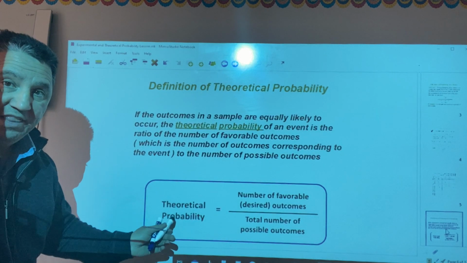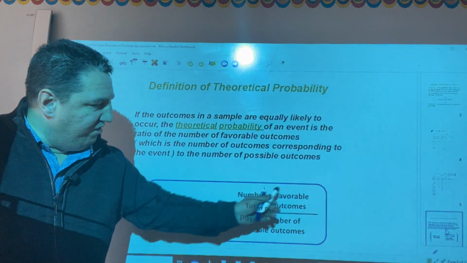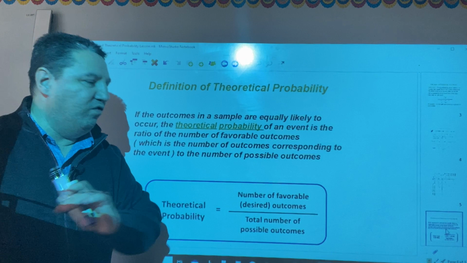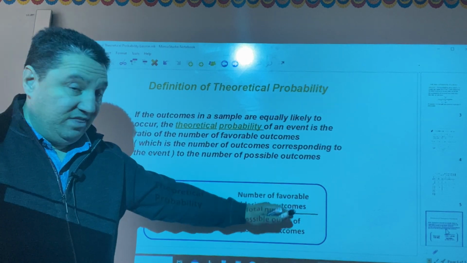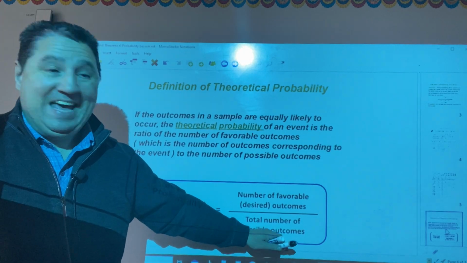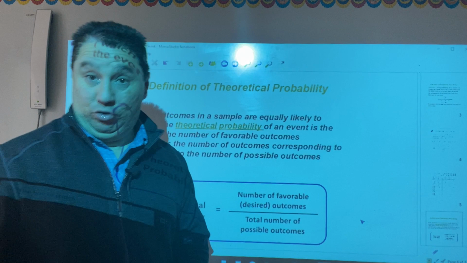So that's the formula. It is the ratio of the number of favorable or desired outcomes over the total number of possible outcomes. Again, this is a fraction larger than 0 but less than 1. Don't forget.